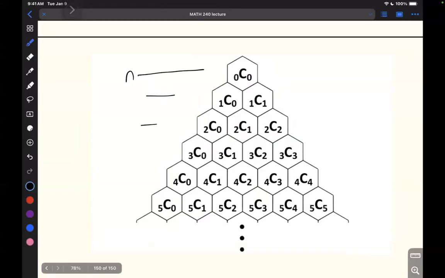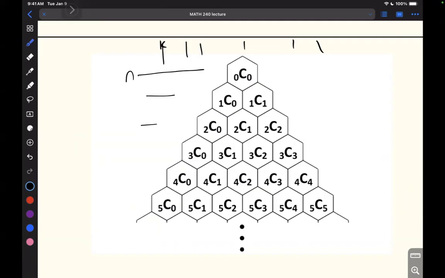That's n, and then that's k as we go along. Since k is limited by n, we start at 0, and then n is 1, and so k is either 0 or 1. If n is 5, k is either 0, 1, 2, 3, 4, or 5. Right?